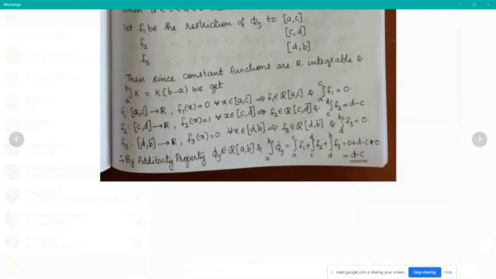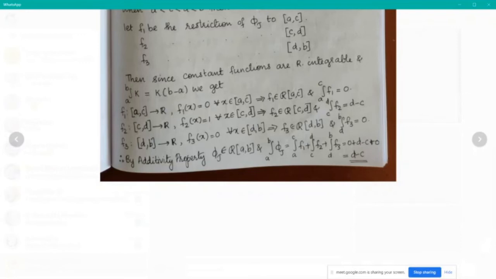So by the additivity property, since the restrictions on AC, CD and DB are Riemann integrable, the function phi J, which joins all of these together, is also Riemann integrable on closed interval AB, and the integral of phi J is equal to integral A to C F1 plus integral C to D F2 plus integral D to B F3, the sum of the values of the integrals.